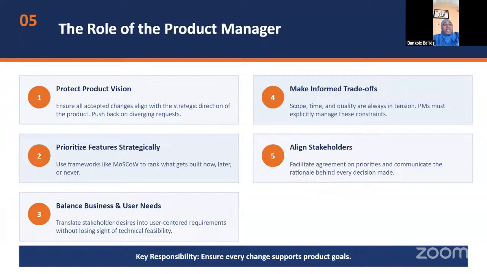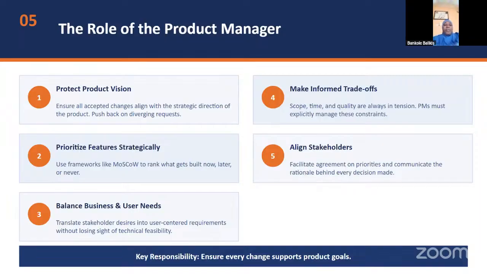The product manager will also prioritize features using some methods, such as the MoSCoW method, to know what are the must-have features, what are the should-have, what are the could-have, and what are the ones we won't use, the ones that are not really necessary, or we can postpone to the next phase of the project.